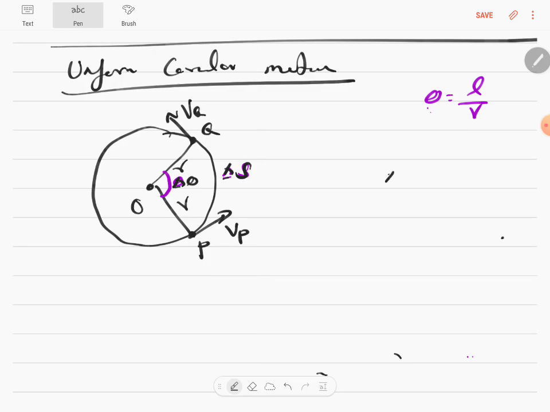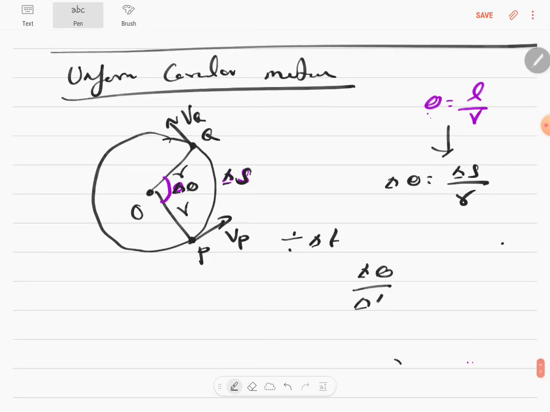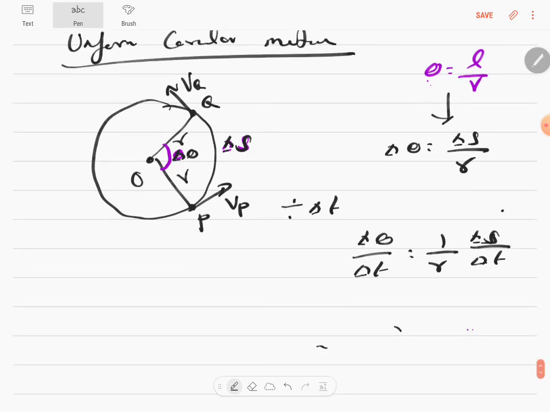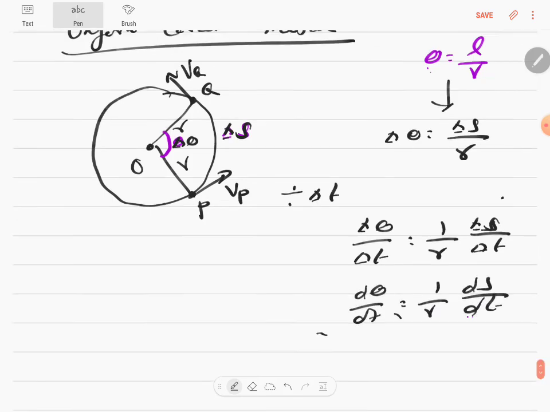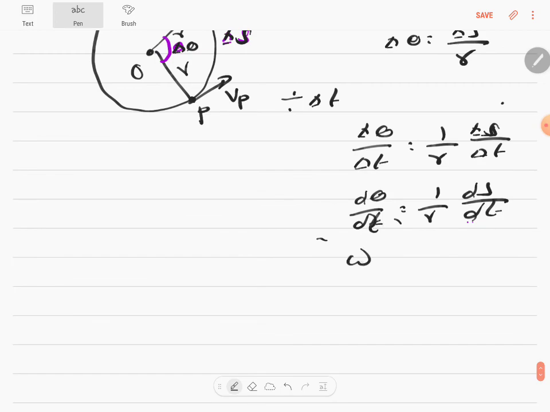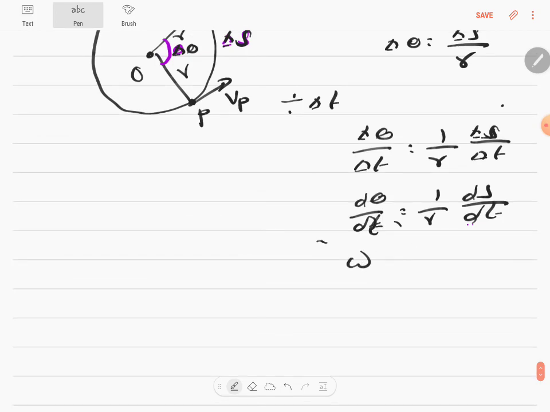And you know delta theta is equal to delta S by R. Applying this formula, dividing both sides by delta T, delta theta by delta T is equal to 1 by R, radius will not change, into delta S by delta T. So d theta by dt is equal to 1 by R into ds by dt, which is nothing but: angular displacement by time is angular velocity, equal to 1 by R into linear velocity. Thus, therefore, linear velocity is R times angular velocity.